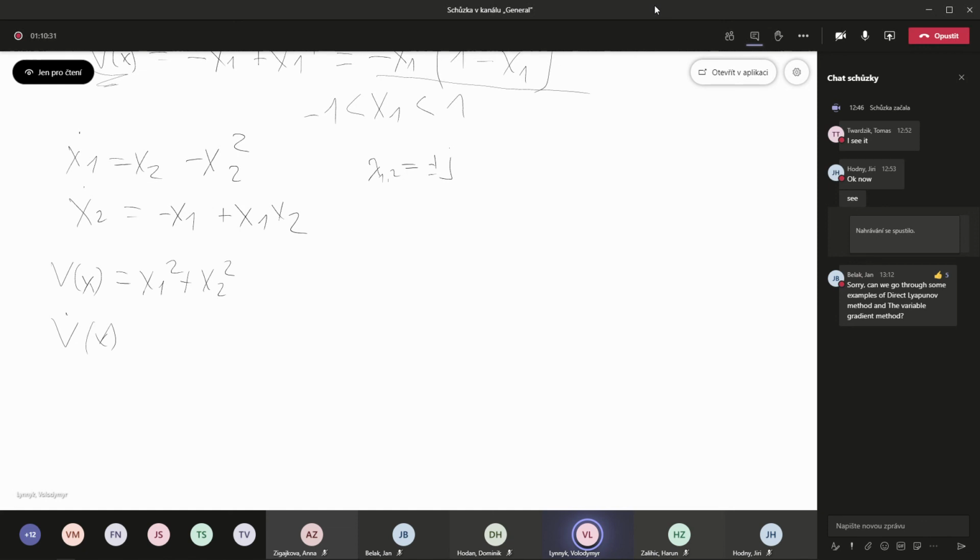V dot of x equal to 2x1 x1 dot plus 2x2 x2 dot. It's equal to 2x1 times x2 minus x2 squared, plus 2x2 times x2 dot, minus x1 plus x1 x2.